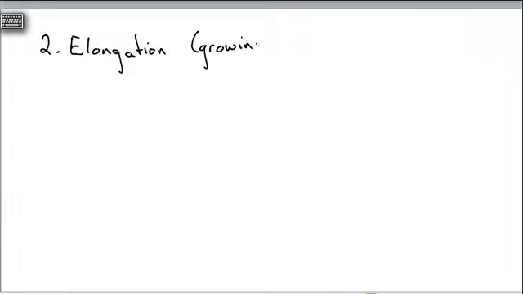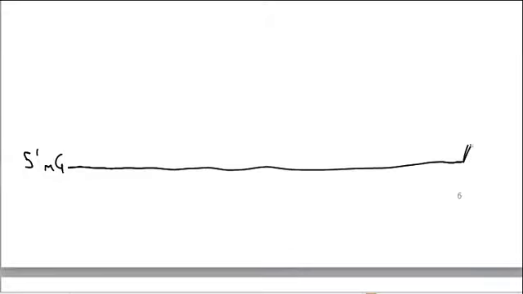This is where my lack of artistic abilities could get us into a bit of trouble, so please be patient. We're going to go down to the bottom like we did before and start drawing the picture. We started out with our mature mRNA with its methylguanine cap all the way over to its poly-A tail.